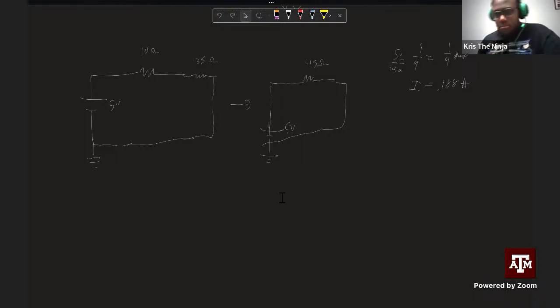So 5 divided by 45, that's equal to 1/9. I think that's 0.188. I think that's right. Oh no, it's not. It's 0.11. My bad.